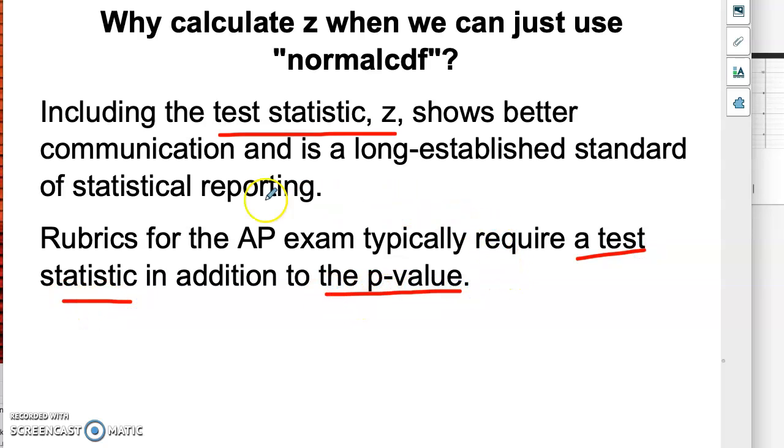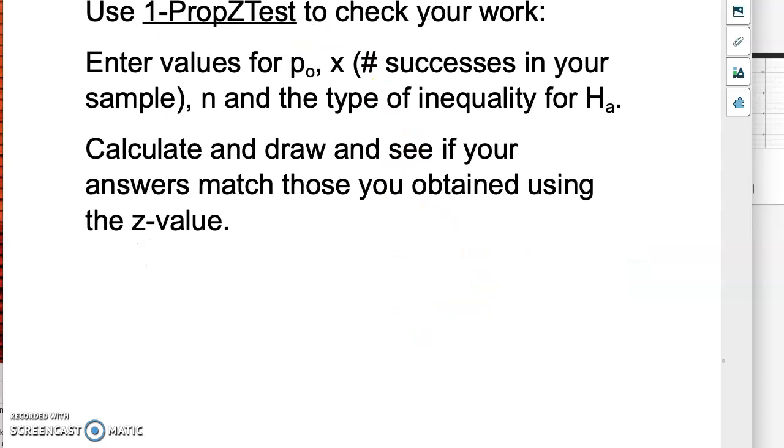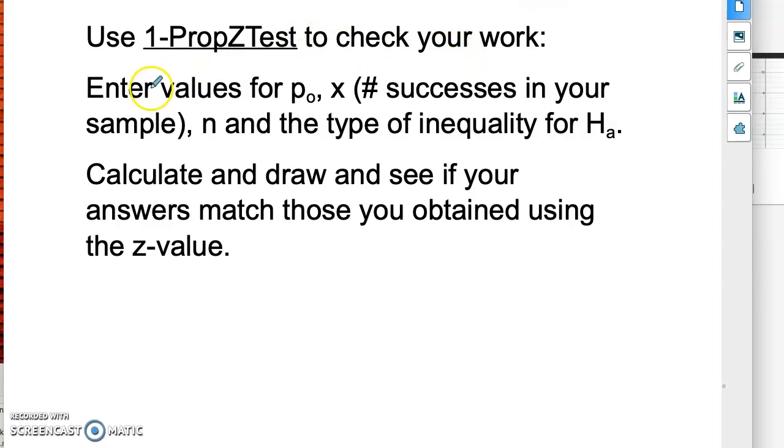So it's a good idea to calculate z and show that you really know what you're doing, but if you're really short on time, you can use the one prop z-test. Just make sure that you write down z. Say what z is and say what p is. Okay, and then use one prop z-test to check your work. If you have time, enter all the values, calculate.